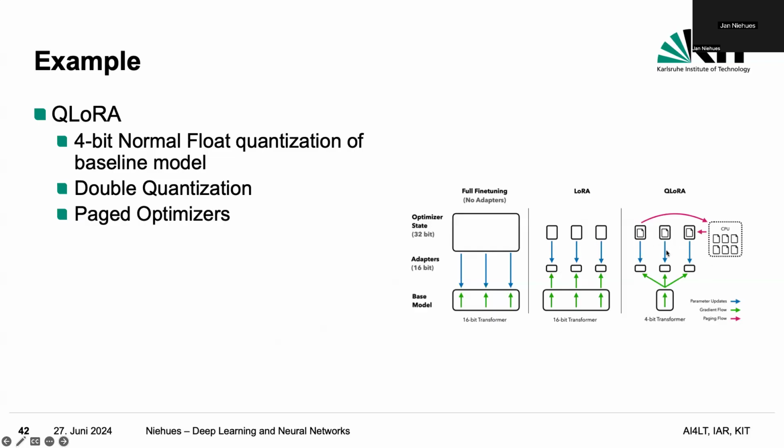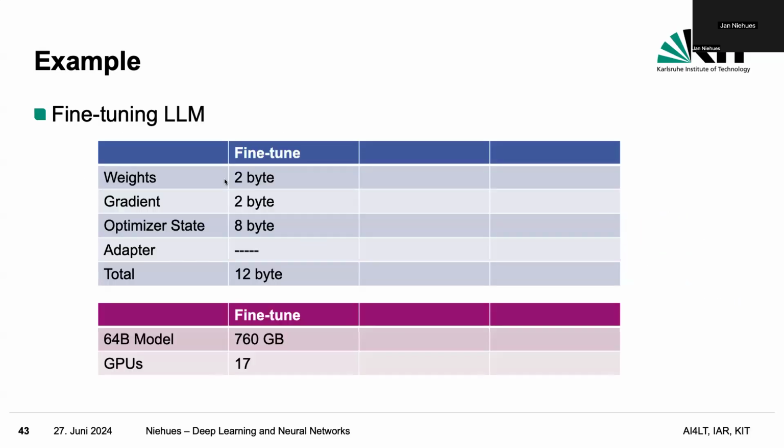For very long sequences, sometimes you run out of memory on the GPU, so you do dynamic paging of some of the memory onto the CPU. But the important thing is that for your base model, it used 4-bit normal float quantization with double quantization, and thereby you can achieve good performance with limited memory. What that means, we can have a look at one example here.